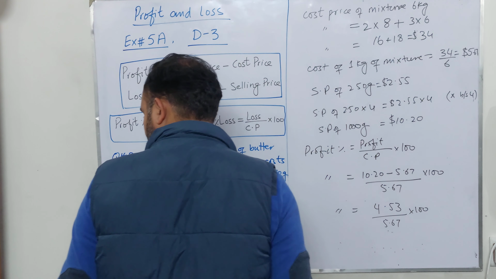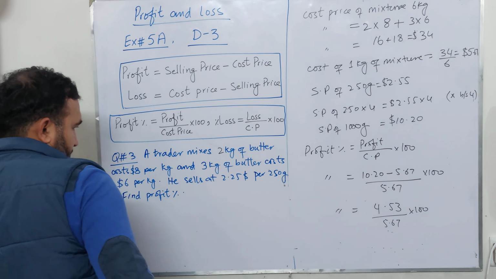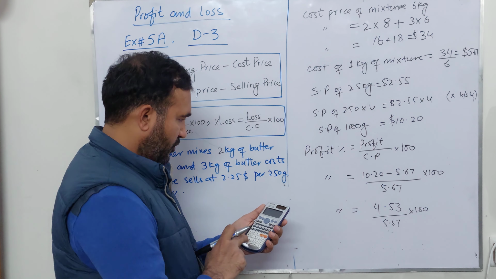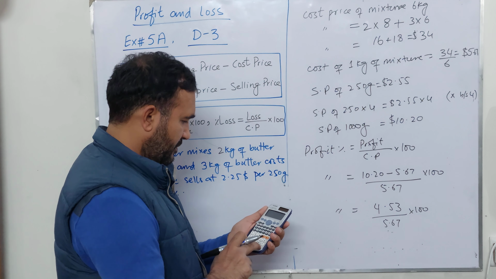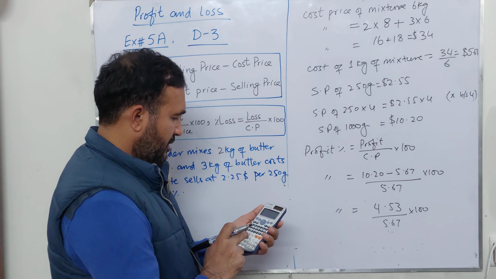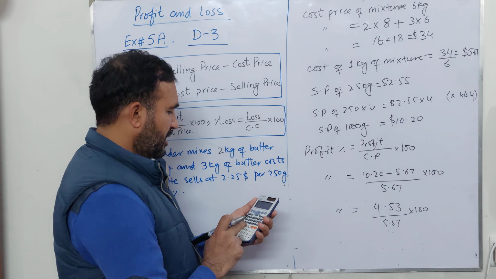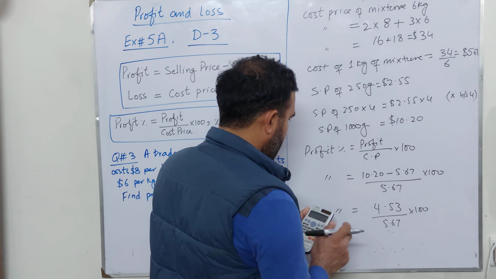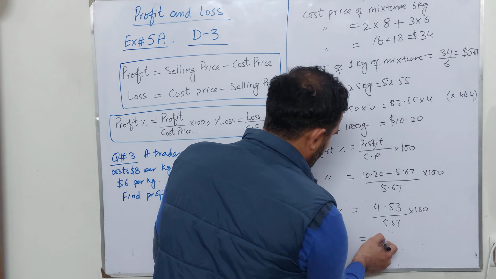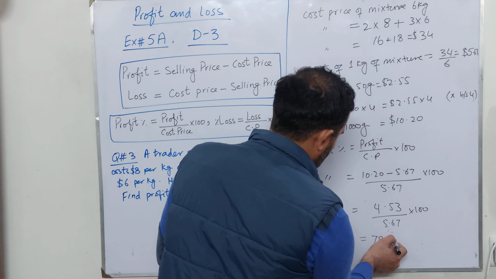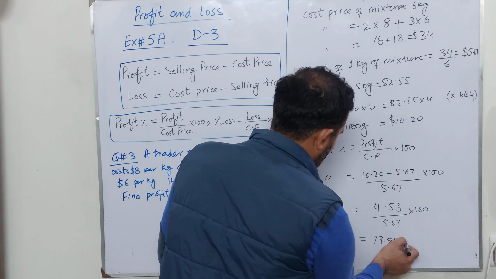And if we use calculator, it will be 4.53 divided by 5.67, and it's equal to 79.89%.